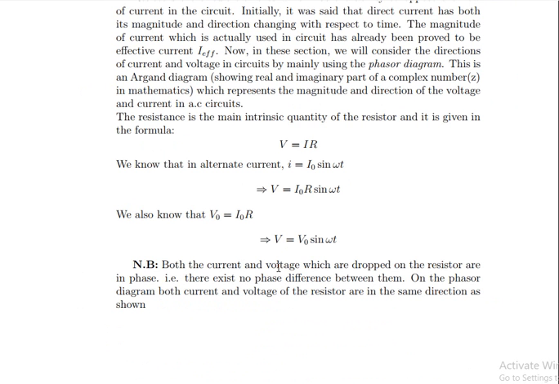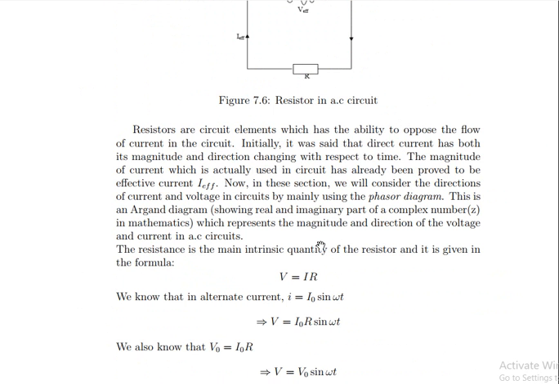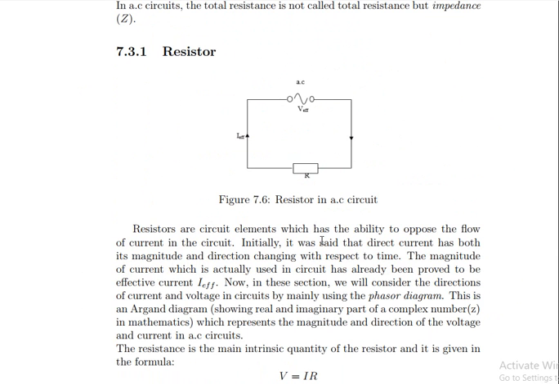So now we are going to use a phasor diagram in order to represent the direction of current and the direction of voltage. Point number one, on the phasor diagram, the current is always going to be the reference direction, because current is always equal in series, while the voltage is going to be different both in its magnitude and direction in series, while current is equal both in its magnitude and direction in series.